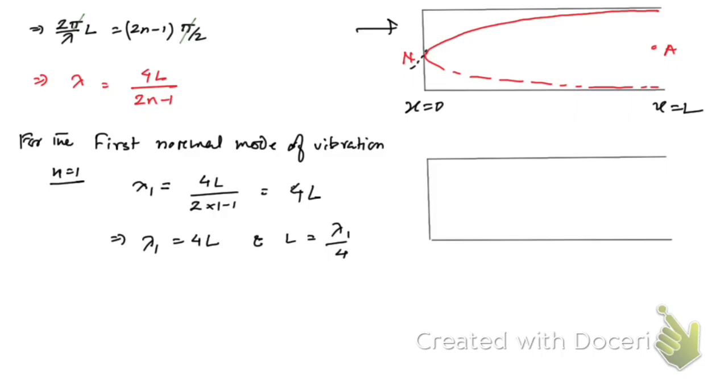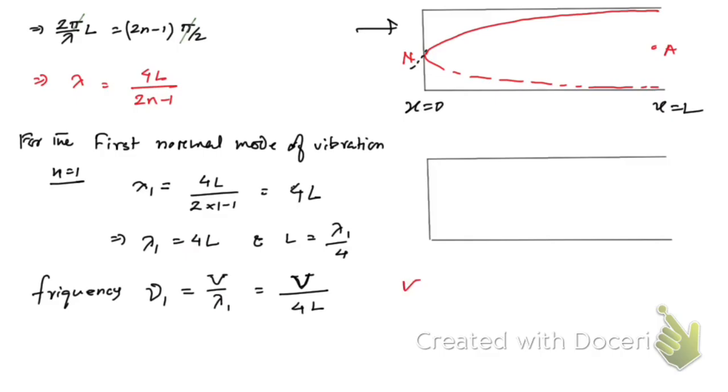Okay, now you see frequency. We know that frequency is equal to the speed of the wave divided by the wavelength. Hope you know this relation. You know that the speed is, suppose we have taken v here, and lambda 1 is equal to 4L. So let us put 4L here.